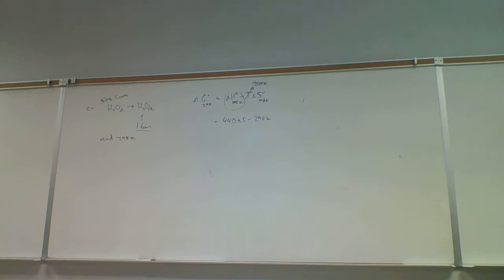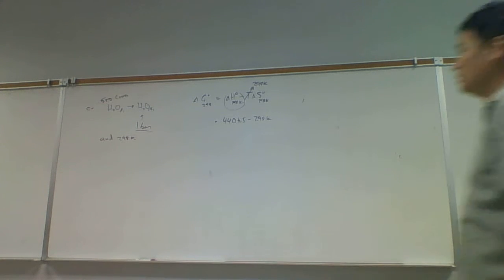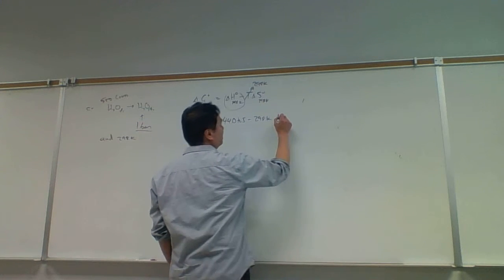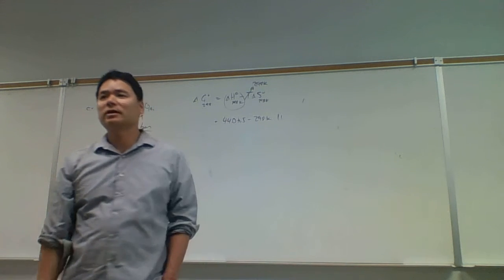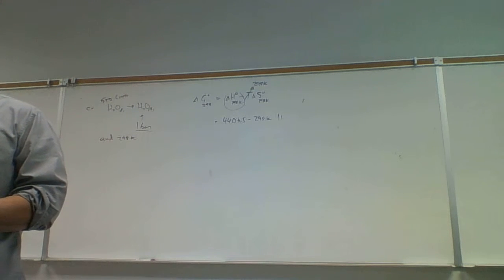Sometimes we'll have half because of formation reactions, where we often have fractions because we form only 1 mole. But anyway, it's going to be 188.8 minus 69.91. What is that? Close to 119. We're going to carry all the digits because we want to compare.